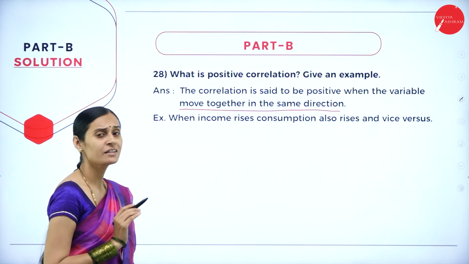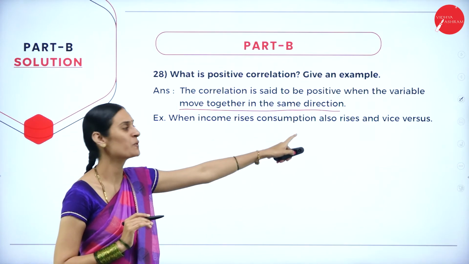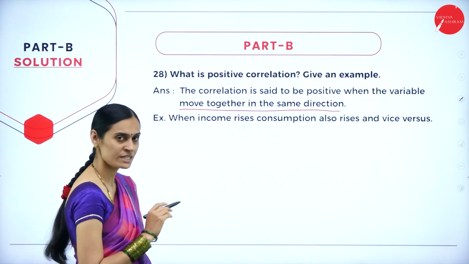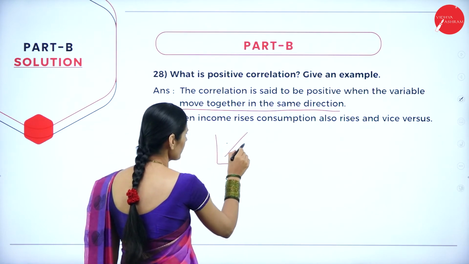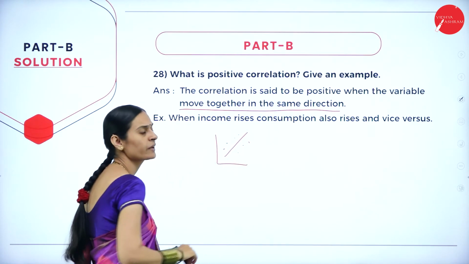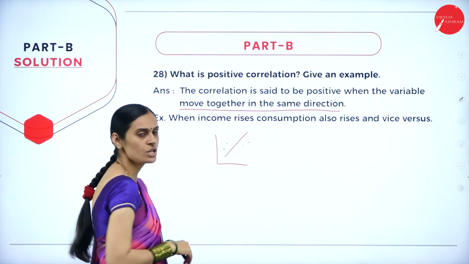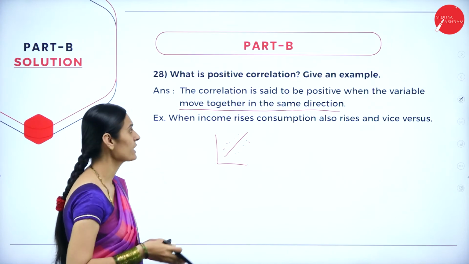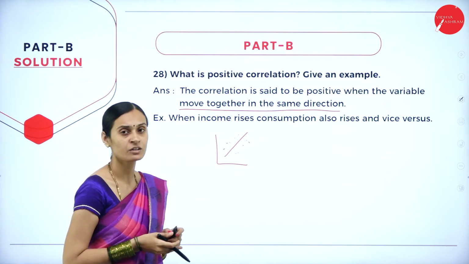Price and supply. And see here, when income rises, consumption also rises. So these are all positive correlation. When one variable increases, it leads to an increase in the other variable.